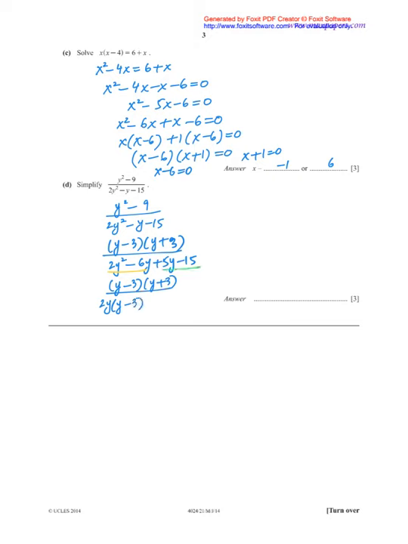Similarly, taking common from the others, that will be plus 5, inside the bracket it's y minus 3. The numerator is (y minus 3)(y plus 3) divided by, in the denominator, y minus 3 is common and the leftover part is 2y plus 5. Now we can simplify y minus 3 and y minus 3. So the final answer is (y plus 3) divided by (2y plus 5). That is my final answer.